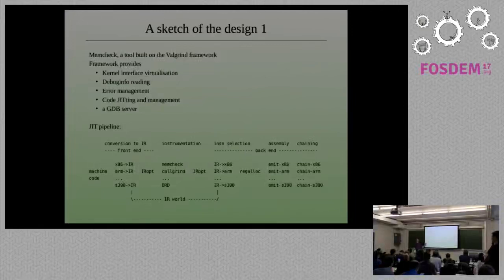You take your original code, you transform it with a front end into the intermediate representation, and that goes through the tool, whatever the tool is, which instruments it. And then the back end transforms it back into executable machine code and hooks it up with this chaining stuff so it can continue to run.